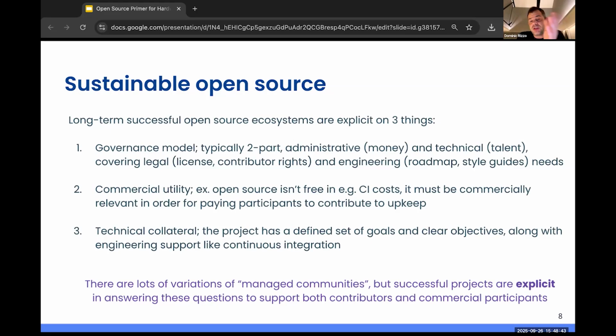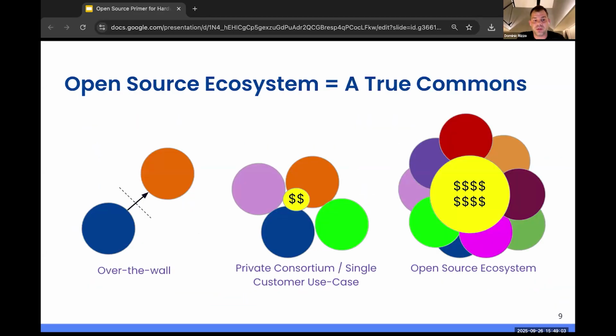So there are a lot of variations in where different groups choose to land in terms of answering each of these questions, but having explicit answers for each of these questions, or a view of how it best suits your community to execute on these things, tends to lead to better outcomes over the long term.